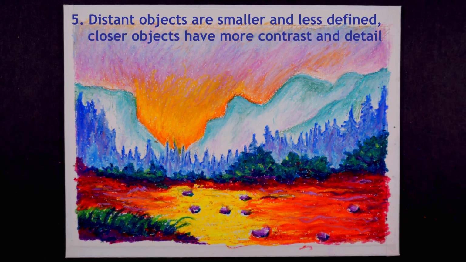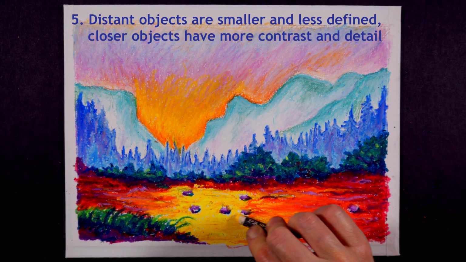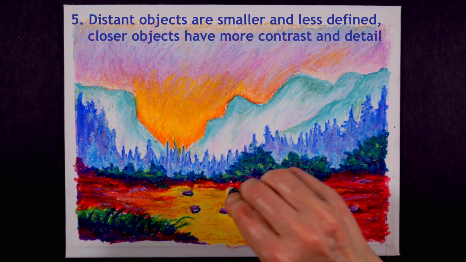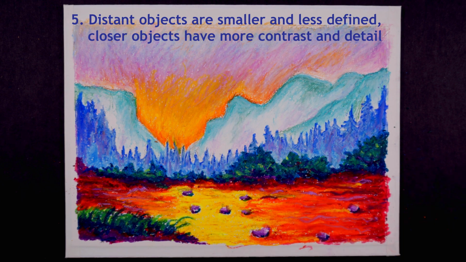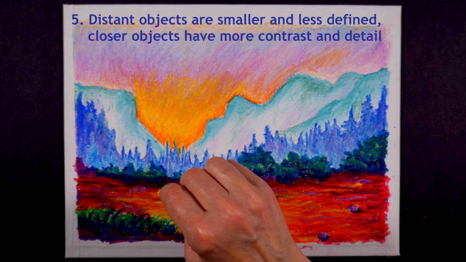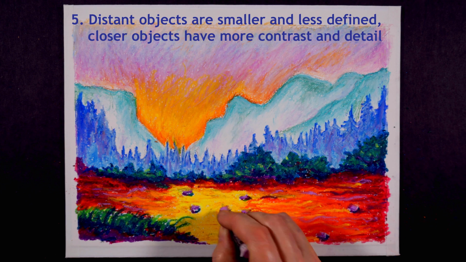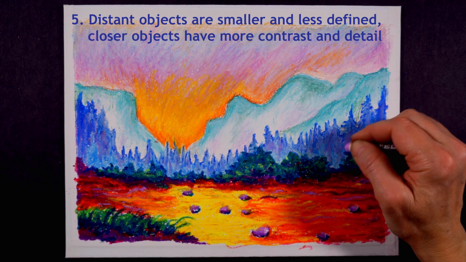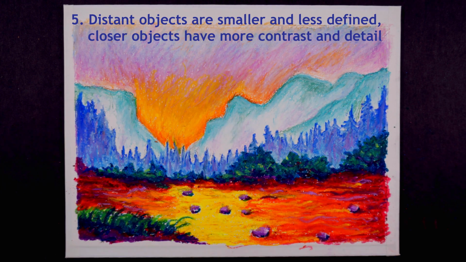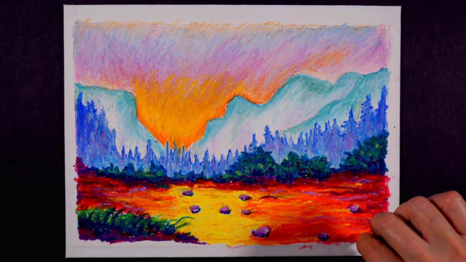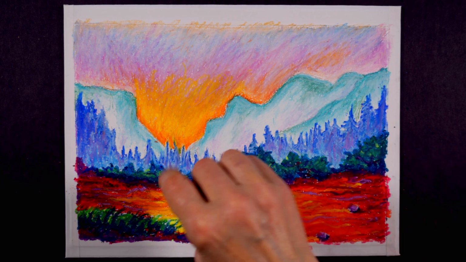So the final fifth technique is that distant objects are always smaller and less defined, while objects in the foreground are closer to you. They have more contrast and more detail. This is another rule for creating an illusion of space or depth.